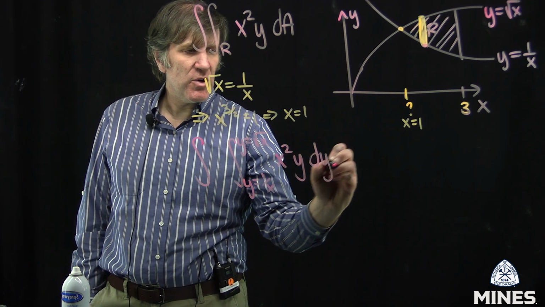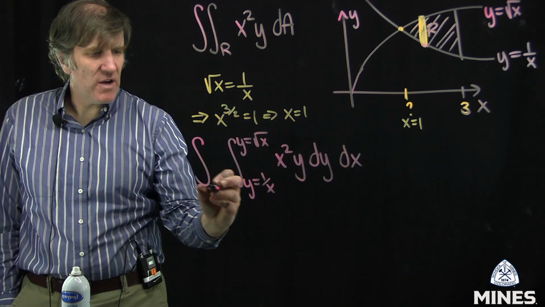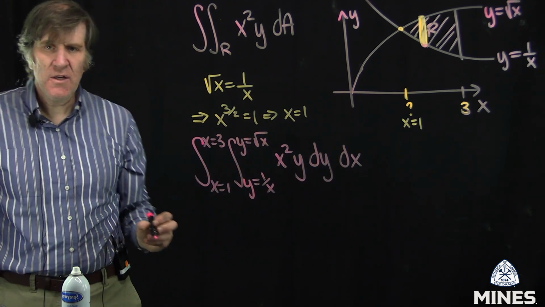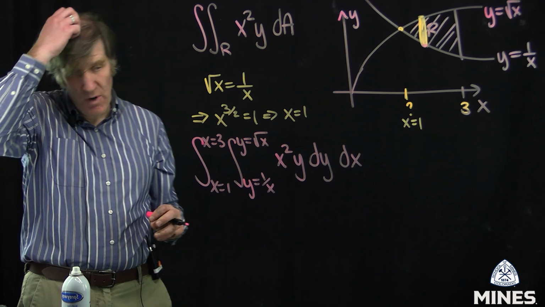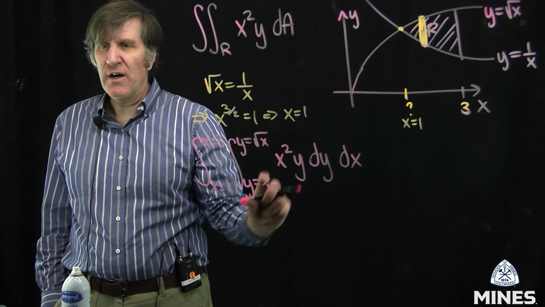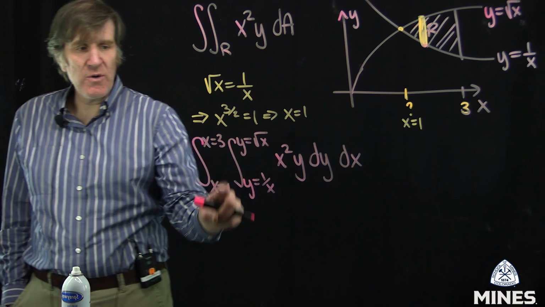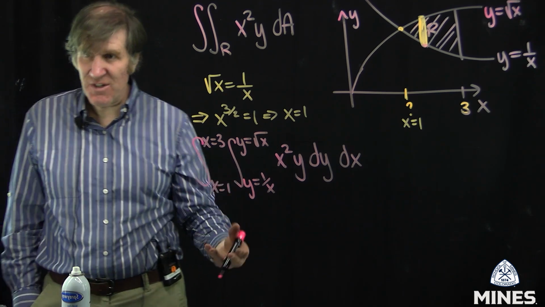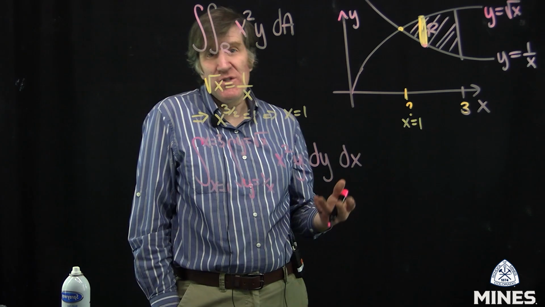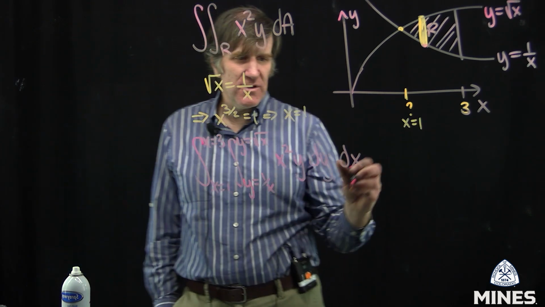We're going to go y first, and then x, with x going from 1 to 3. This is now set up appropriately. The inner endpoints are functions of the other variable, that's normal, and the outer endpoints are constant, that's necessary. The outer endpoints have got to be constant, and the inner endpoints could be functions of a different variable.